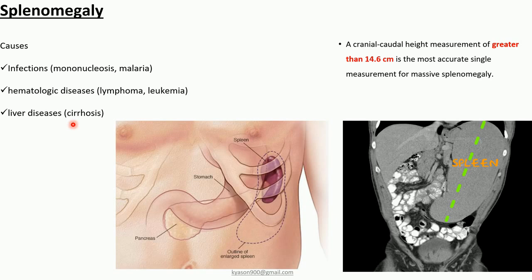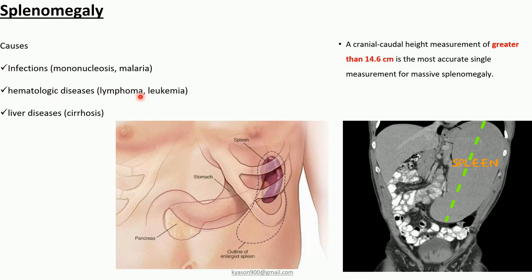And some of this blood can go back into the portal vein. From the portal vein, blood will go into the various tributaries of the portal vein, and one of the tributaries of the portal vein is the splenic vein. So that's why it's possible for this blood to overload the splenic vein and then later overload your spleen, resulting into enlargement of the spleen in patients with liver cirrhosis.